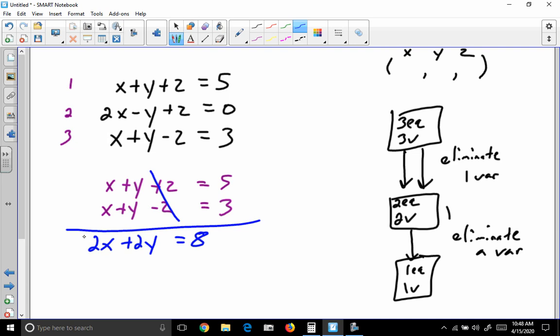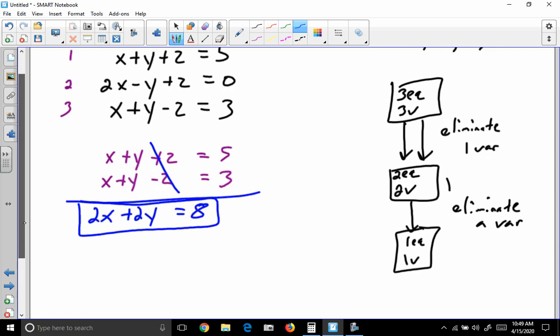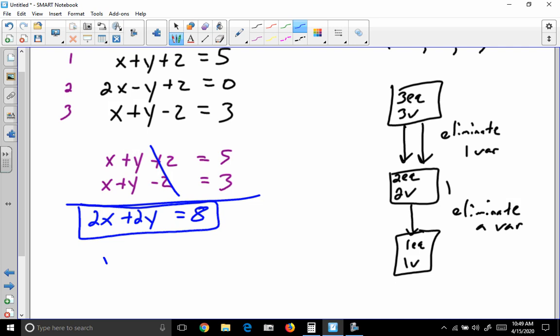2 variables in this equation. We need another equation that has those same 2 letters. So we could pick another set of equations. Let's take the first 2 equations and eliminate z. This was 1 and 3.